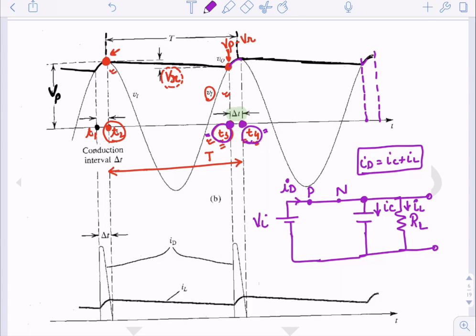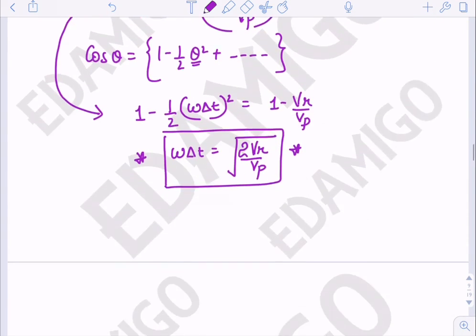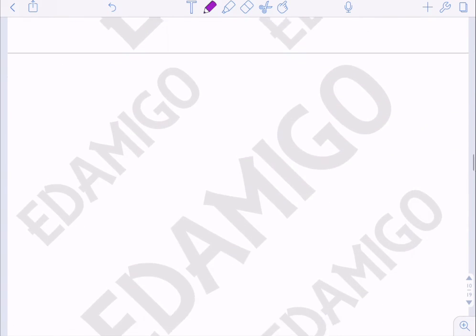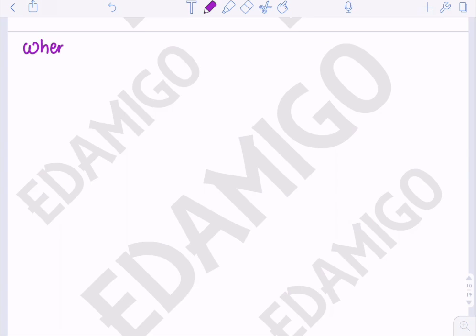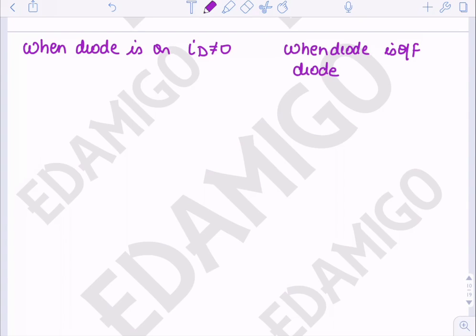Let me write that when the diode is on, the diode current ID is non-zero, and when the diode is off, the diode current ID will be 0. When the diode is on, the diode current is equal to the capacitive current plus the load current.